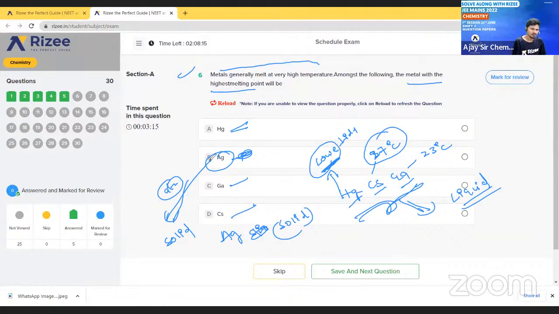So Ag is the correct option, because it is solid. Generally solids will have a high melting point. Clear? This is very simple. Okay, let us go to the next question.